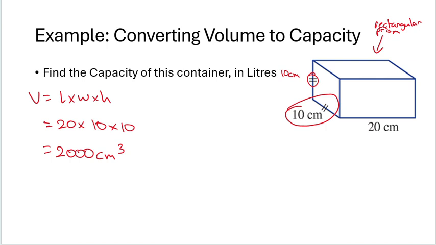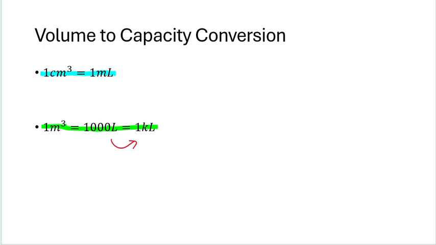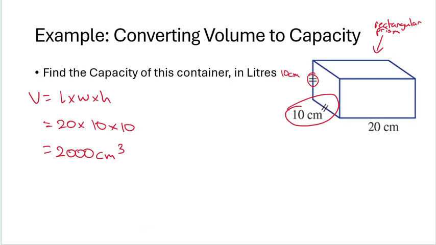But we now need to convert this into capacity. So let's just look at our previous slide and see what the conversion is. So 1 centimeter cubed is equivalent to 1 milliliter. So we can just write here capacity. You can just write 2,000 centimeters cubed equals 2,000 mils, like so.